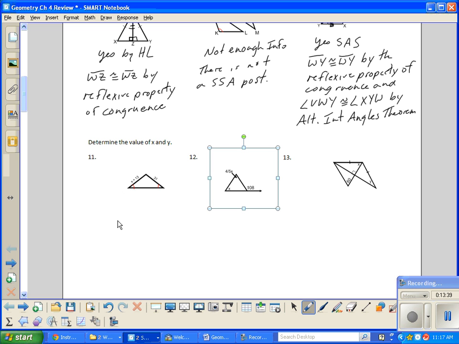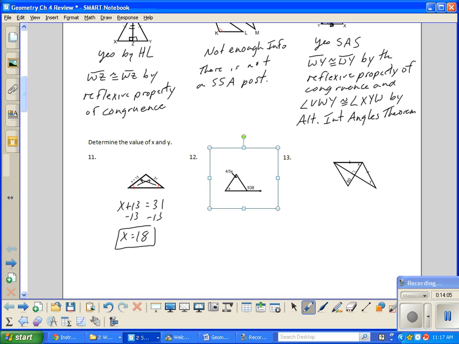So if we've got 2 congruent angles, then we know that the sides opposite those 2 congruent angles are going to be congruent to each other. So x plus 13 has to equal 31. And subtract the 13. So x is going to equal 18 for that one.